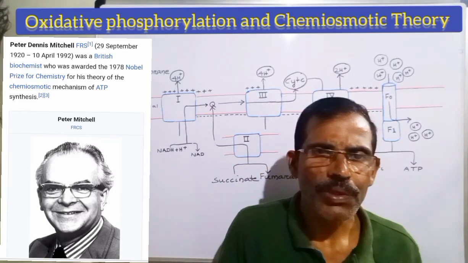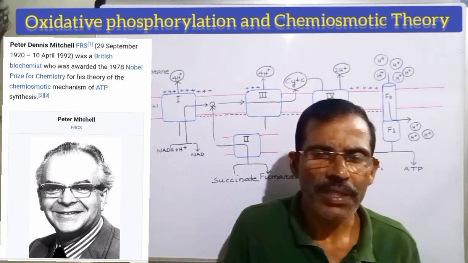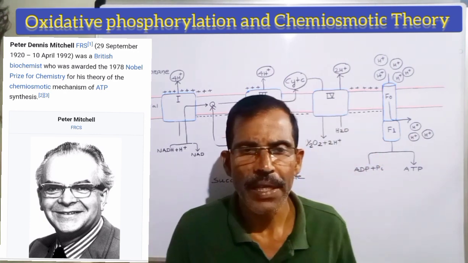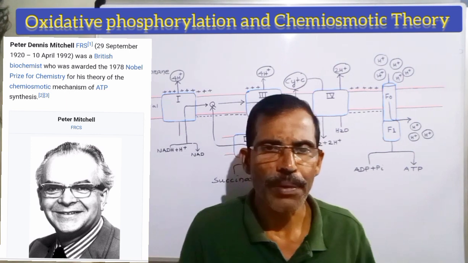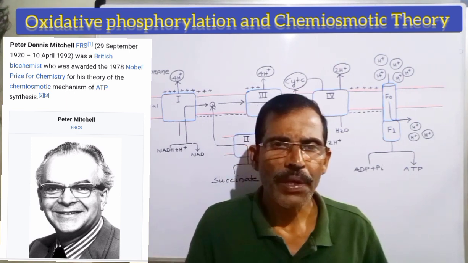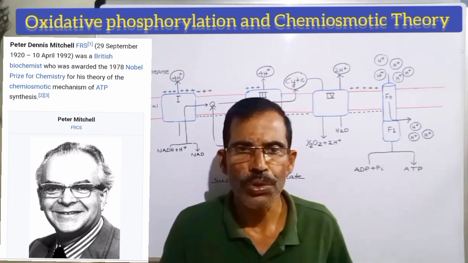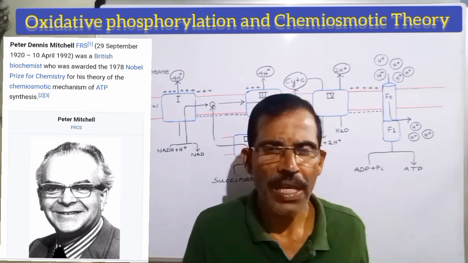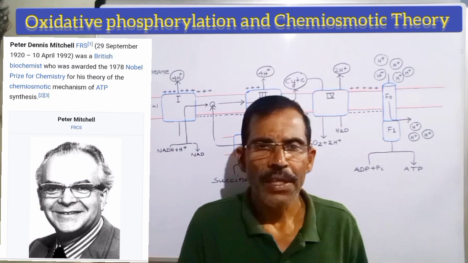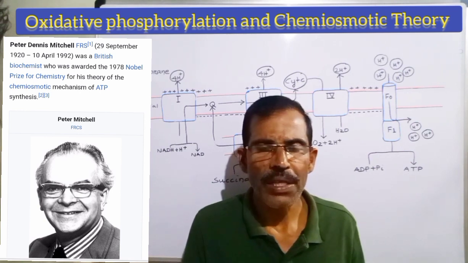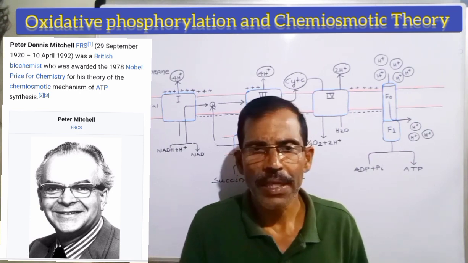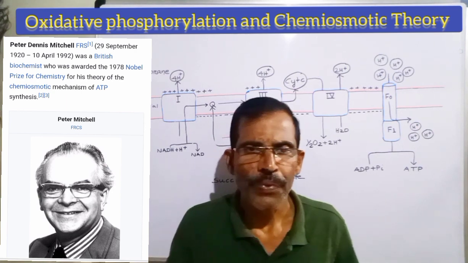Friends, today we shall discuss oxidative phosphorylation and chemiosmotic theory. Most of the free energy released during the oxidation of glucose to carbon dioxide is retained in the reduced coenzymes NADH and FADH2.